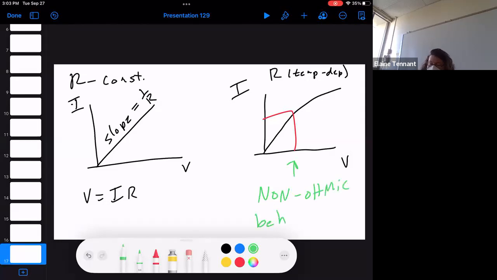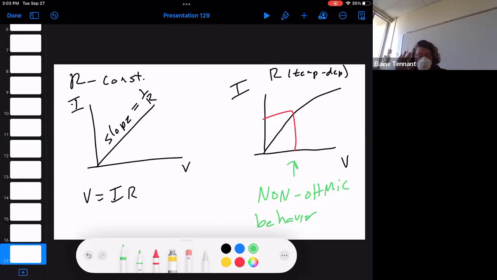And if you ever hear, and you will, this is ohmic versus non-ohmic, what they're saying is: is the resistance constant or does it change with respect to time, or voltage really.